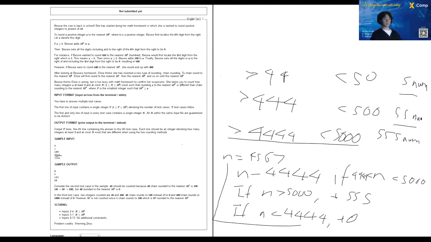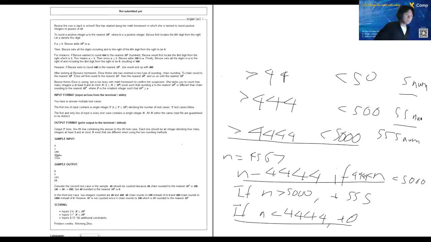If we ever get to either of these cases, we just stop. Otherwise, we keep adding. Does anyone have any questions about this problem? Okay, I'm going to assume that's a no because no one said anything.